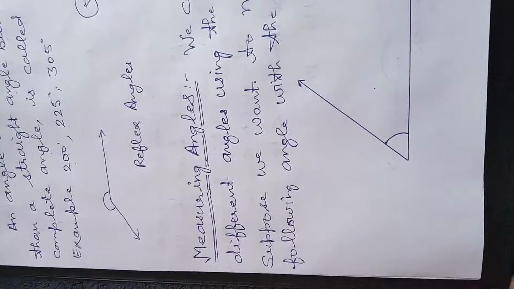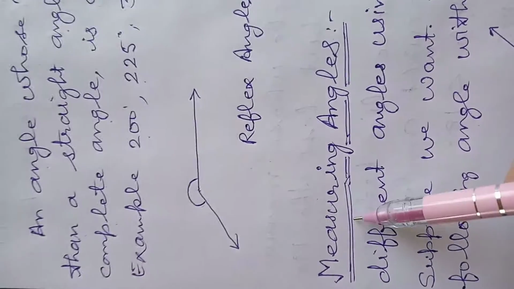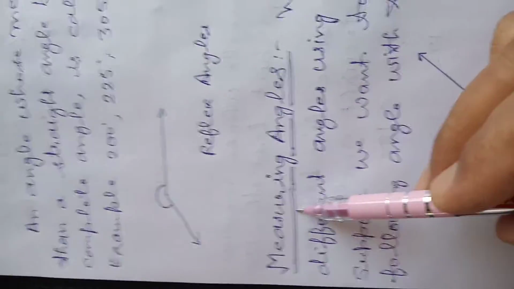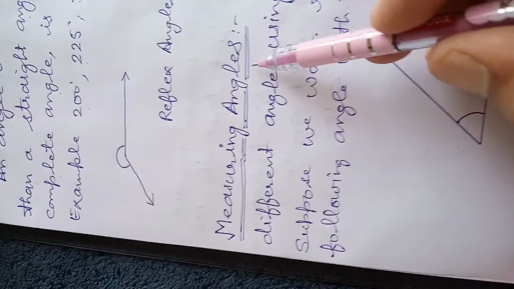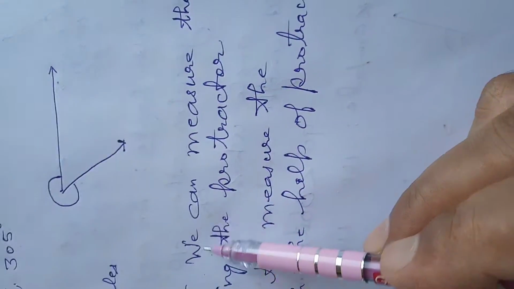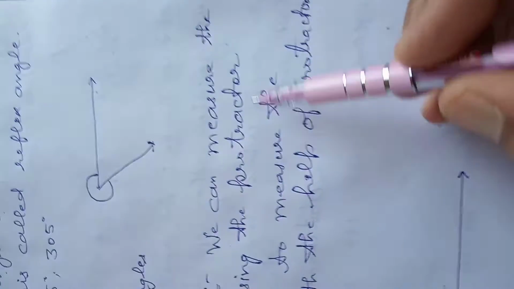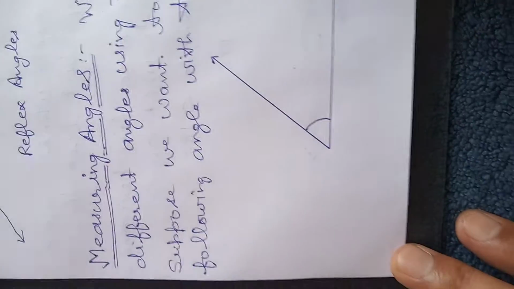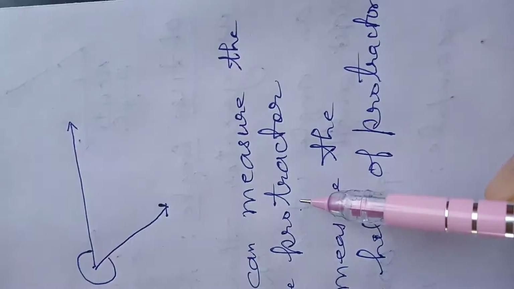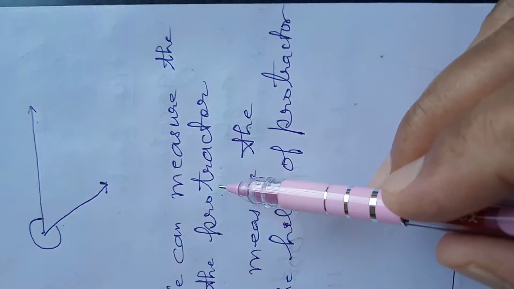Now the next topic is measuring angles, means how to measure the angles which have been given. We can measure the different angles using the protractor, which is an instrument in our mathematical geometry box.